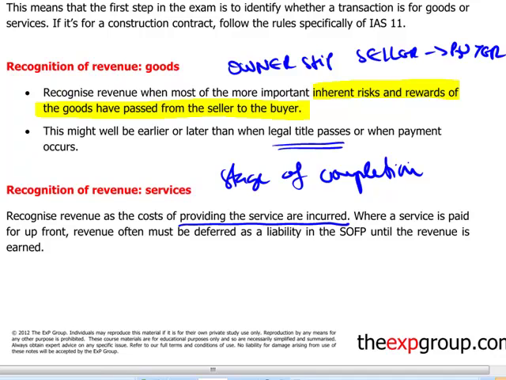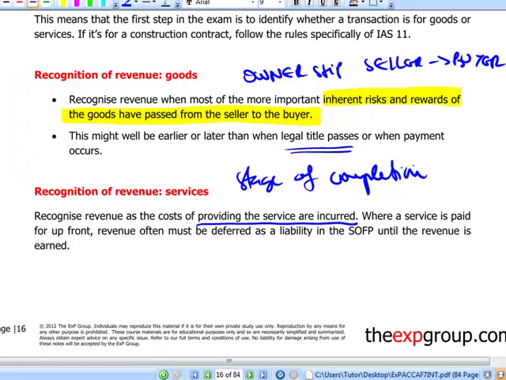So I should recognize revenue by reference to a stage of completion, but the selling price and cost of the transaction should be measured reliably, and I should be able to enjoy future economic benefits. In other words, the customer should pay me, or the consideration should be received.